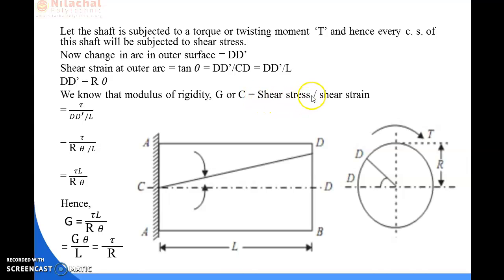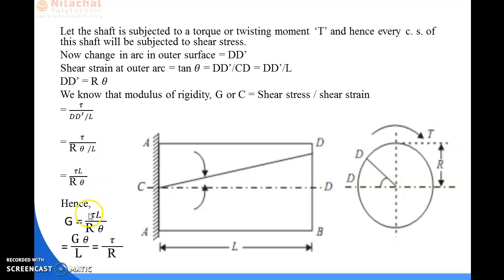Hence, the shear stress of the shaft is equal to tau, as we know before, and the shear strain value we calculated as R theta divided by L. So we can put this value here, as we got the value of modulus of rigidity by solving this as tau L divided by capital R into theta.